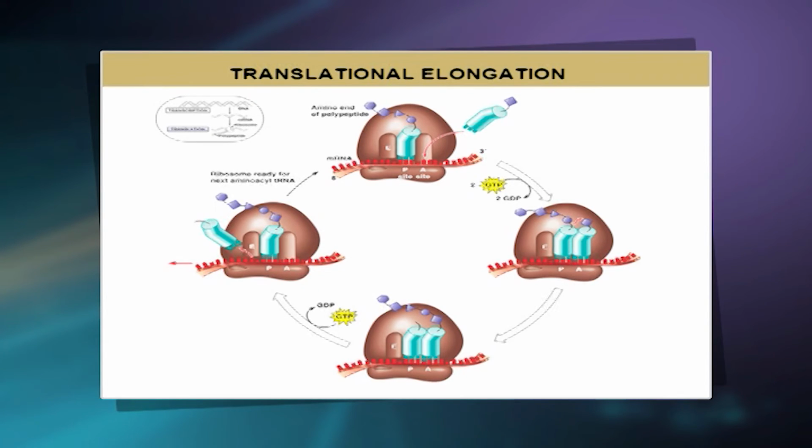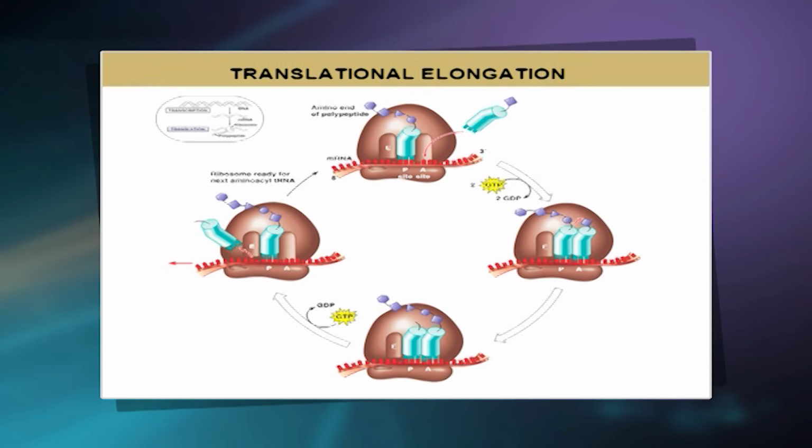The energy required for this process is provided by the hydrolysis of GTP. Now, the first tRNA in the P site leaves the ribosome as it is detached from the amino acid. As the ribosome moves along the mRNA, the tRNA with the second amino acid moves to the P site, exposing the A site.